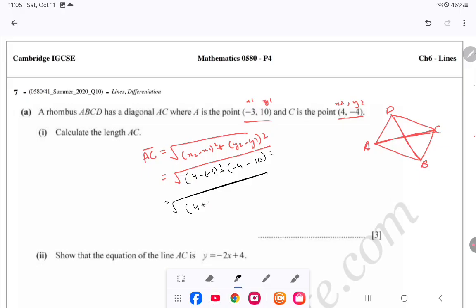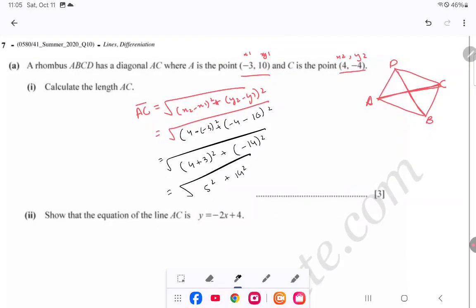4 negative into negative is positive square, plus negative 14 square. Now 5 square plus 14 square. The negative will be cancelled out with the square terms.